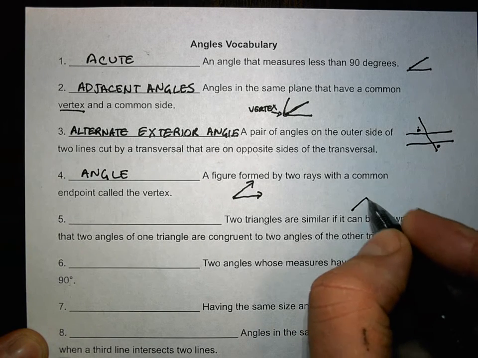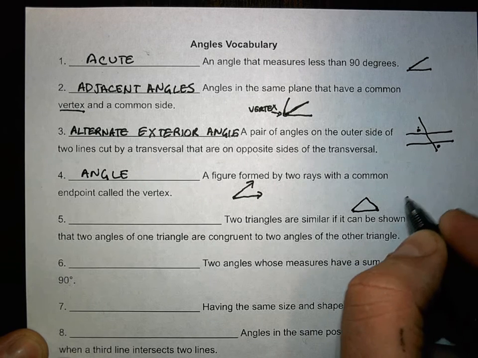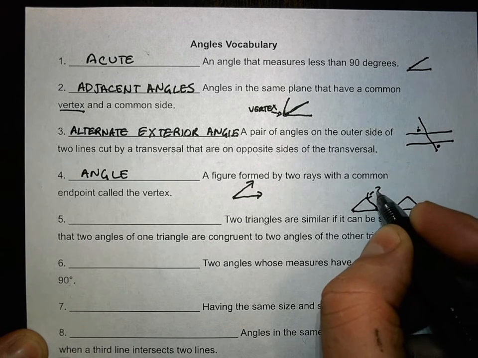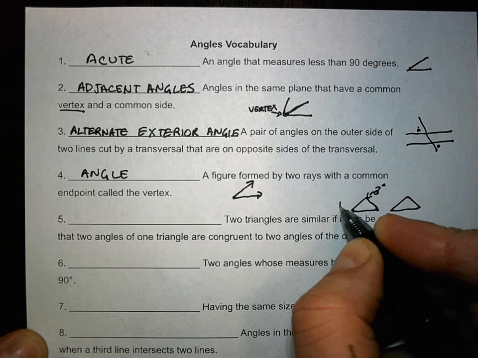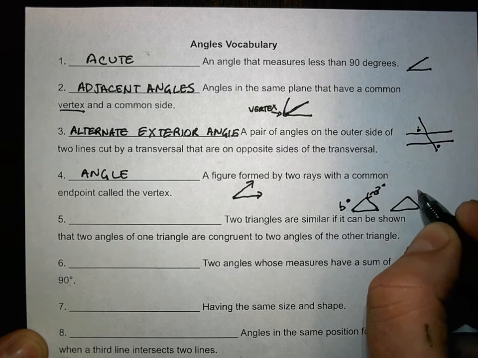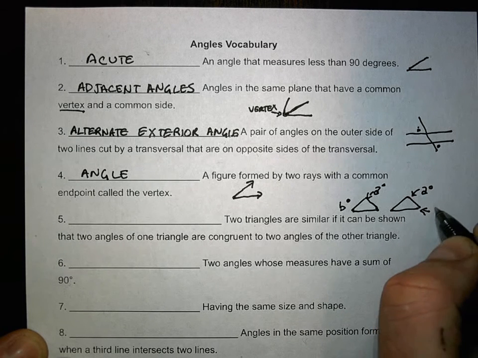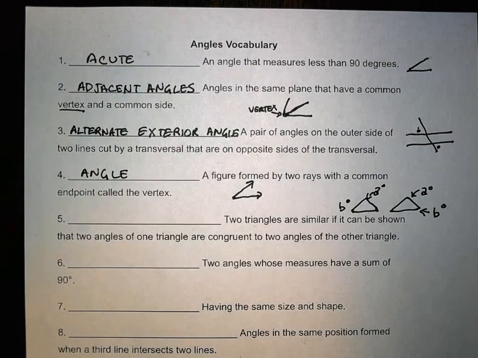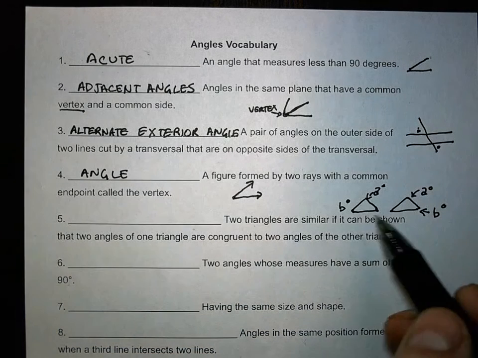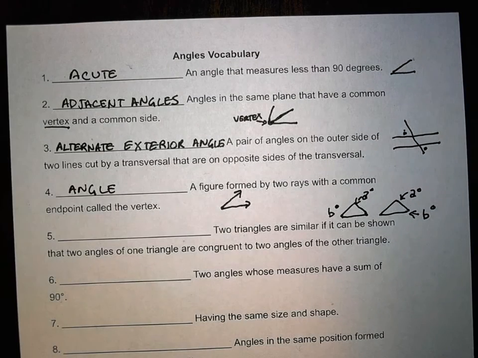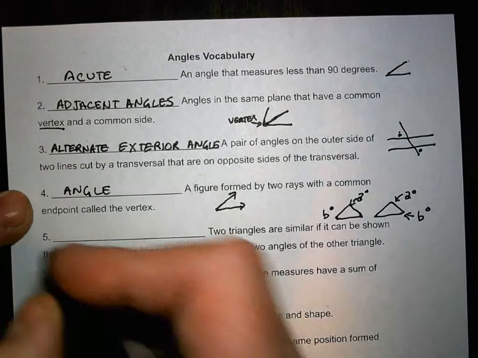If I have a triangle and I have another triangle and I say this is angle A, that's A degrees, and this one's B degrees, and over here I say this is A degrees and this is B degrees, how many total degrees are in a triangle? So if both of these have the same angles, even though they're swapped around, the third angle is the same. It's a postulate called angle-angle similarity.